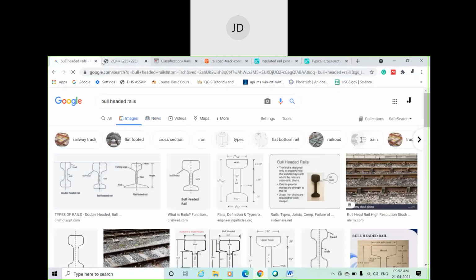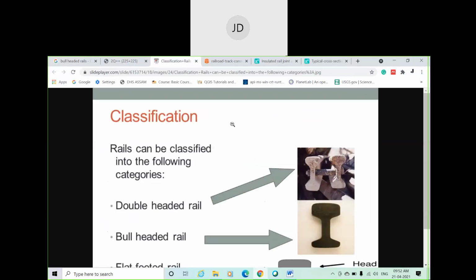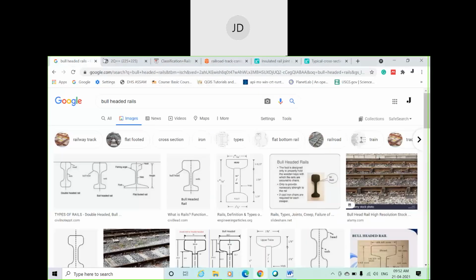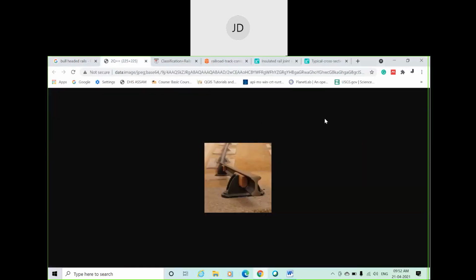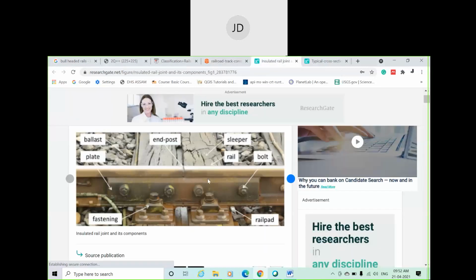Let me check which diagram. Yeah, here you can see the front view.